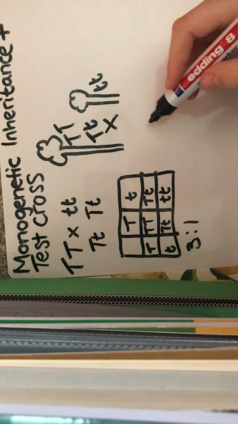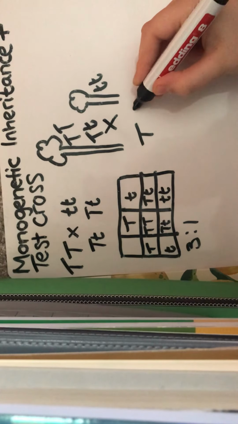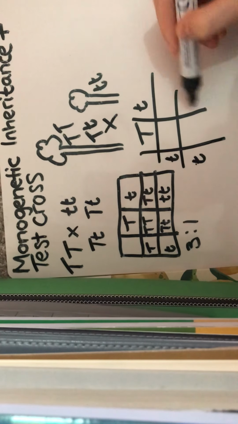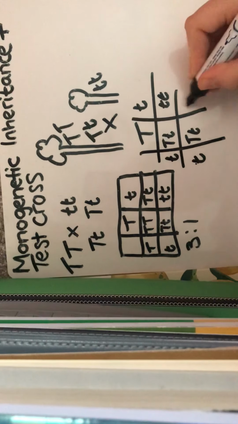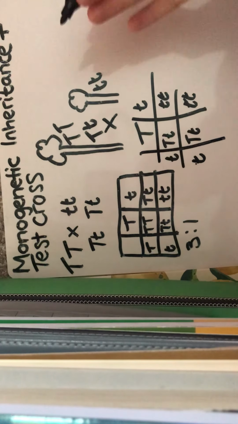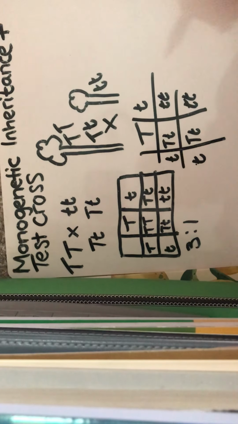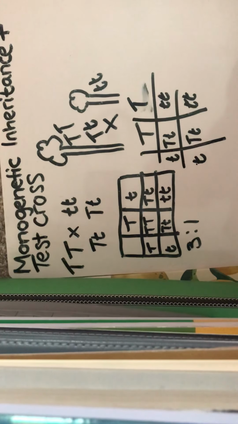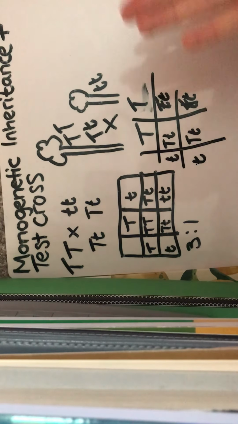If I put this in a diagram, we have T, little t, and then T, T. We could have 50% of them short-stemmed, but if the parent was homozygous dominant, then they would all be heterozygous, so they would all show tall stemmed.